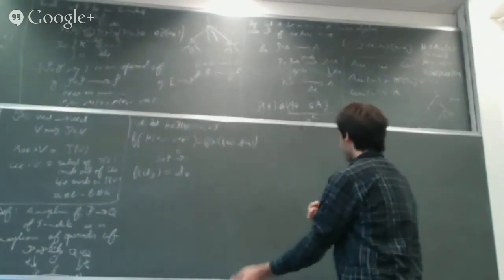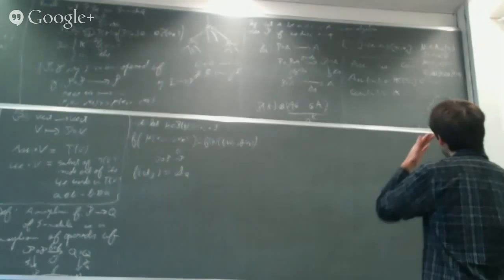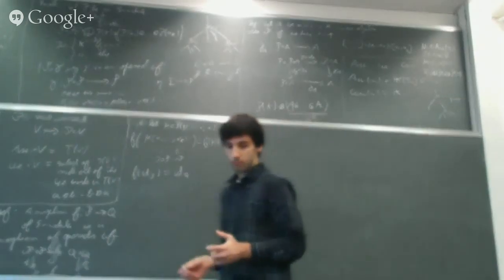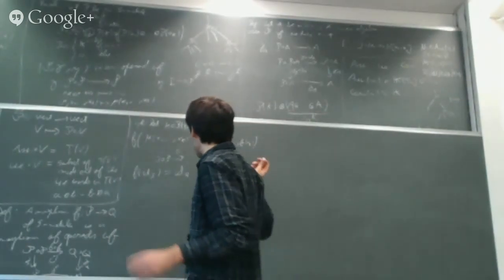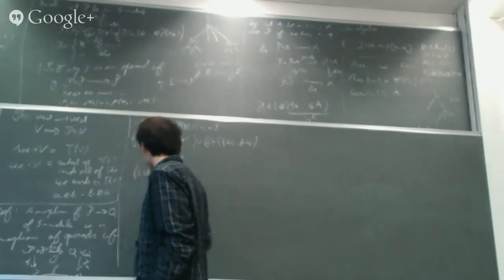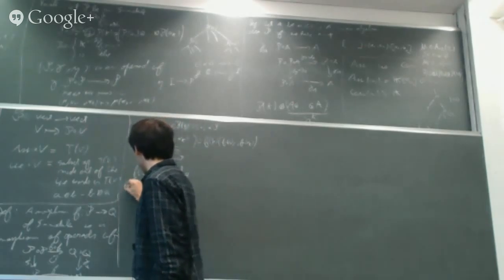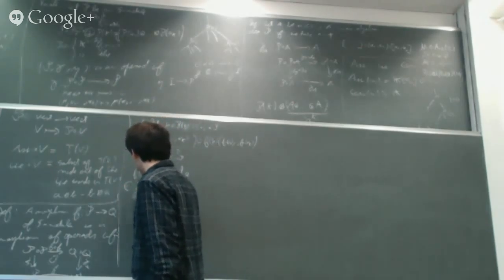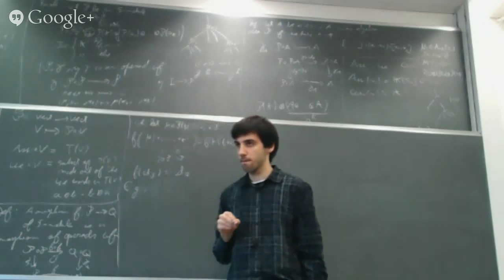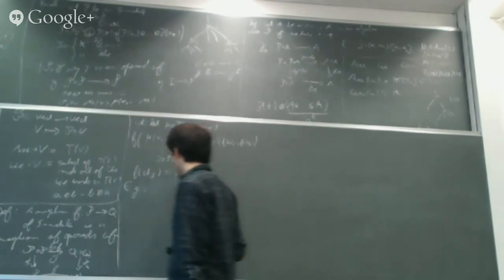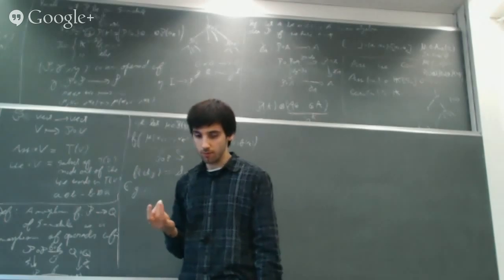Now, what's very nice about these morphisms of operads, for instance, an example: we have inclusion morphisms.